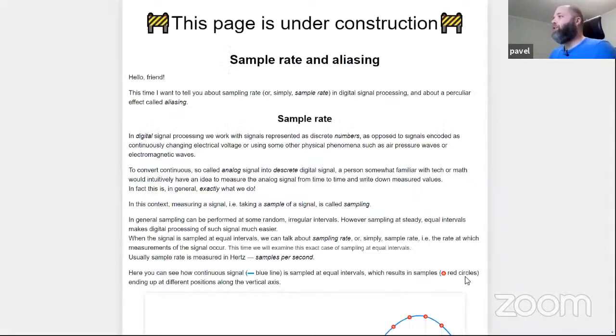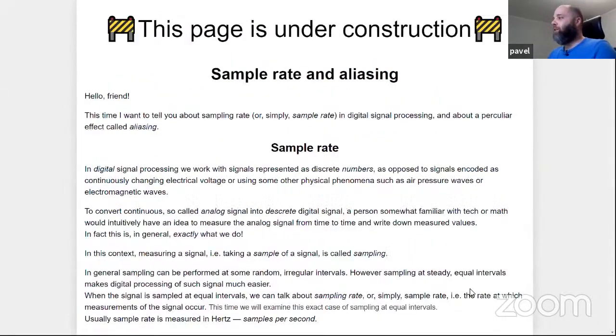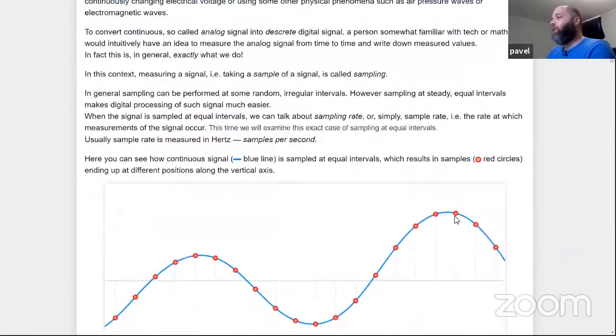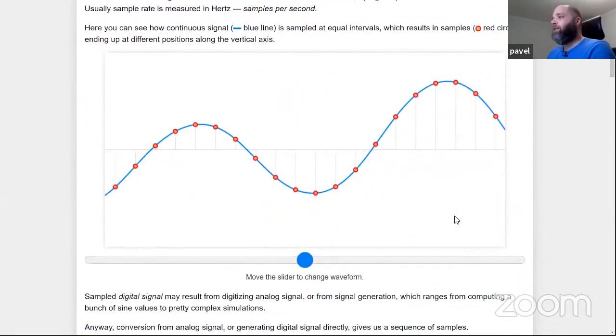Let me go to this page. This is basically the page that you have the link to by now. And we'll talk about sample rate, first of all, and we'll try to internalize and get intuition for the phenomenon called aliasing. So sample rate is somewhat straightforward.